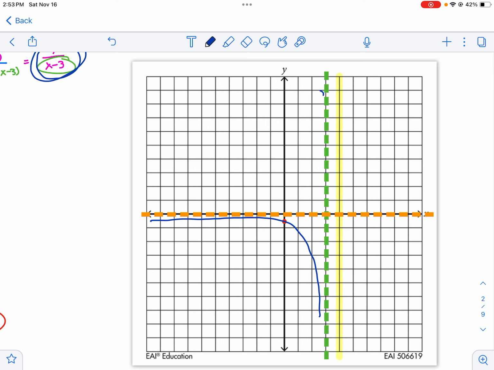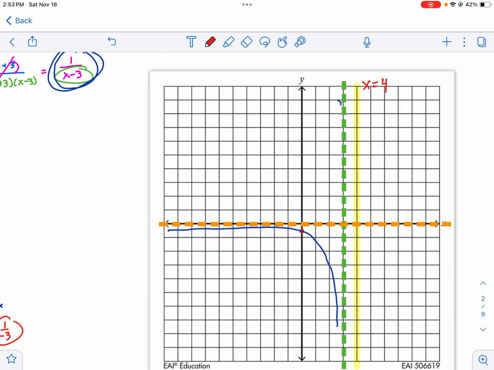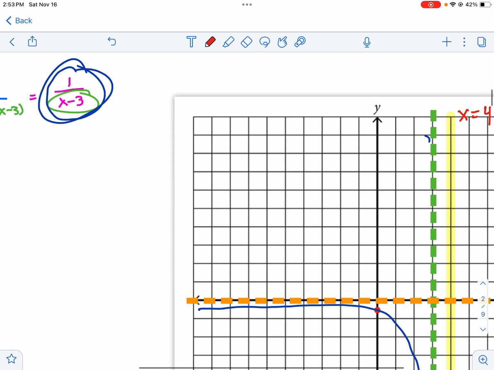this point. This point is x equals 4. There has to be a point along this line somewhere. It could be here, it could be there, I don't know. But when I choose x equals 4, whatever my y is, that tells me where the graph is going to be. So let's go back to my equation here. 1 over x minus 3.